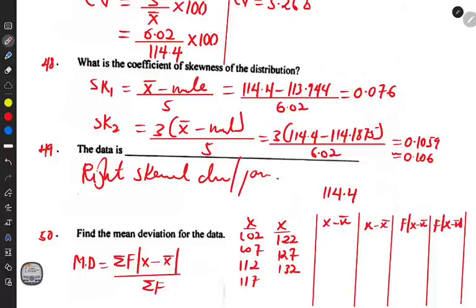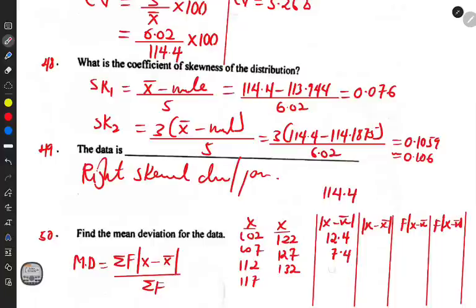So the first deviation is supposed to be in its absolute form, in absolute bars. If it is negative, we get positive. That means the absolute. If it is positive, it remains positive. So when you subtract 114.4 from 102, in its absolute form you are supposed to get 12.4. The next one is 7.4.